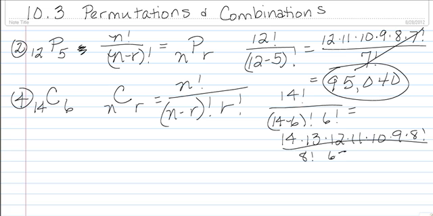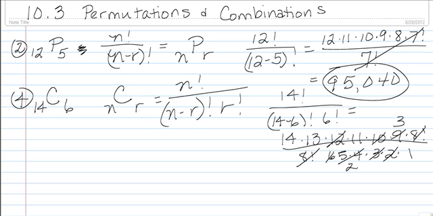6 times 5 times 4 times 3 times 2 times 1. So the 8 factorials cancel. 6 times 2 will give us a 12. We have a 12 there, so that'll leave us with a 2. We have a 3 that'll go into 9.